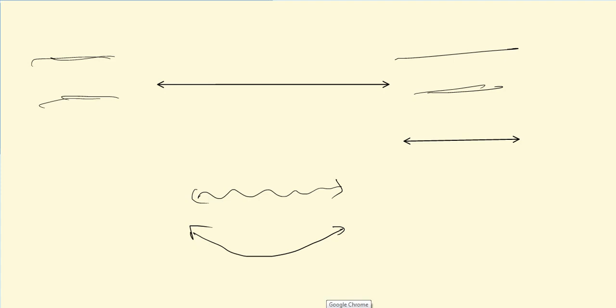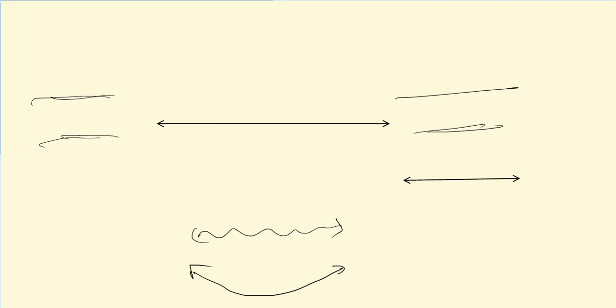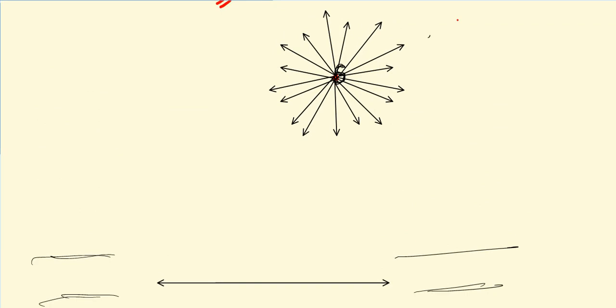Then an unlimited number of lines can be drawn through a given fixed point, which I have shown you in this diagram. As you can see here, this one is the fixed point, and from this point I have drawn many rays. So you can draw an unlimited number of lines from a fixed point.